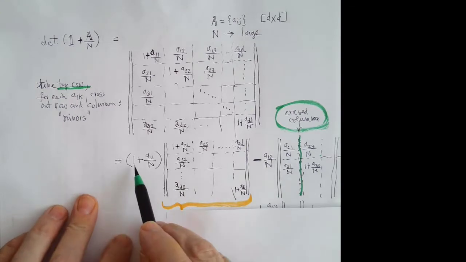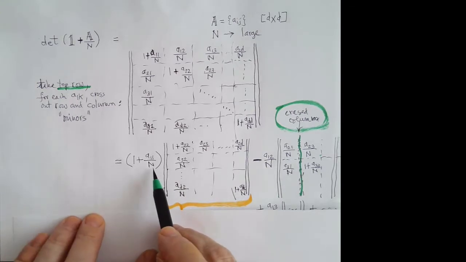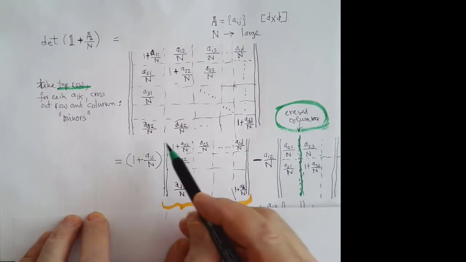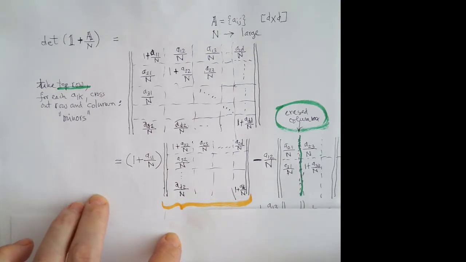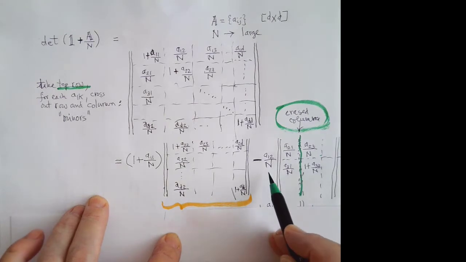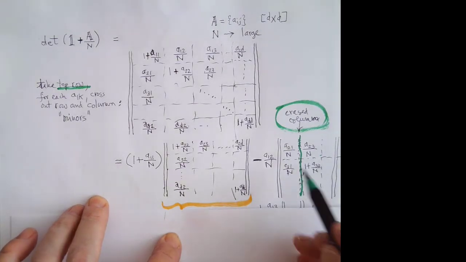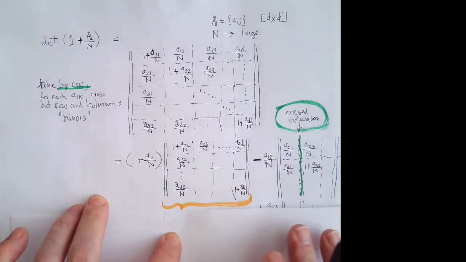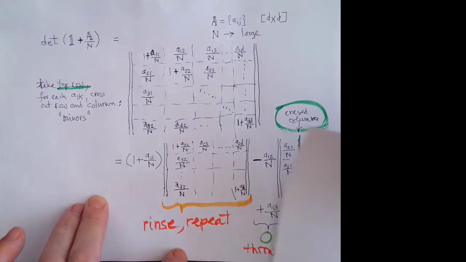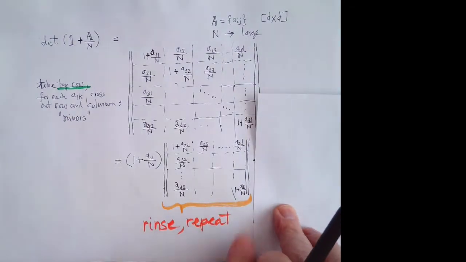So this has a term which is of order 1 plus 1 over n, multiplying a matrix of the same form, while this one has a prefactor 1 over n, and when we start expanding it, there will always be a term of order 1 over n. So this one, we just rinse and repeat.